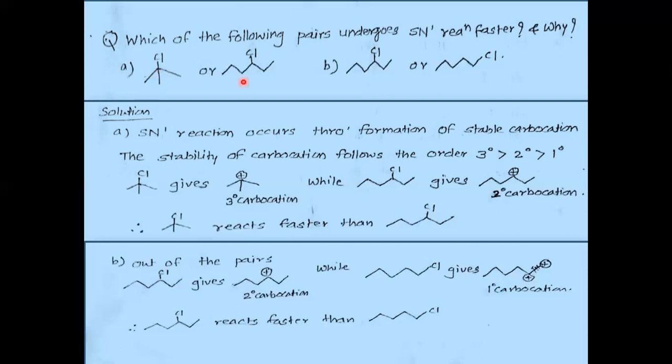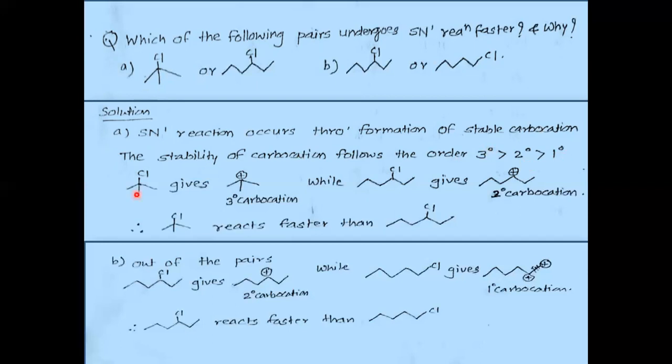In this first pair, the SN1 reaction occurs through formation of a stable carbocation. The stability of carbocations follows the order: tertiary greater than secondary greater than primary.